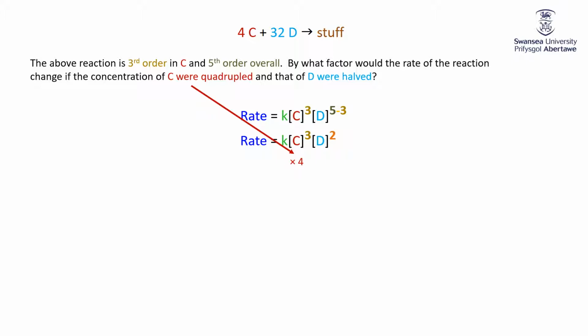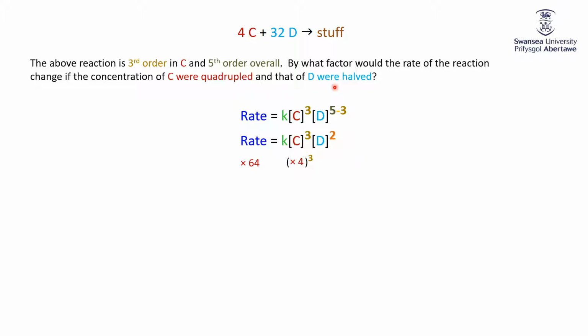Now, I said that I'm going to quadruple C. Well, whatever I do to the concentration of C is going to have the effect on the rate as if I had cubed that concentration of C, because I told you it was third order. So if I quadruple the concentration of C, the rate is going to be affected by 4 cubed, which is 64. Now then, of course, D, right?